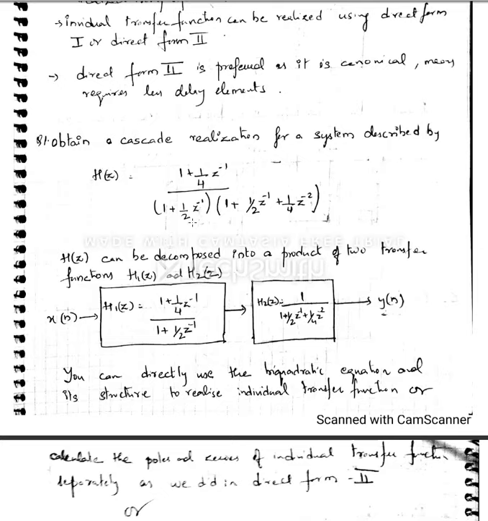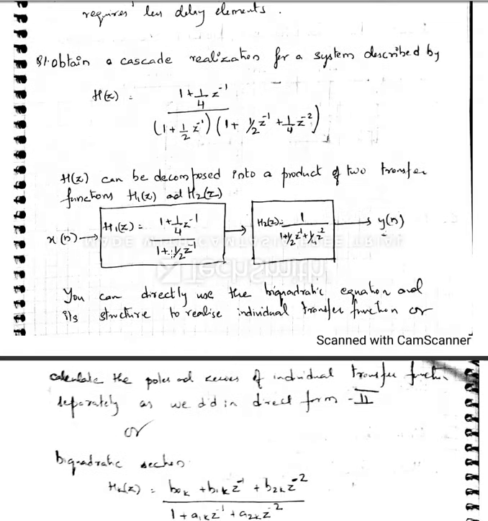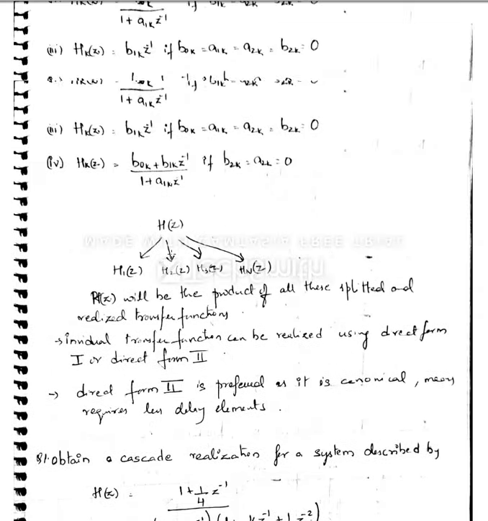We will take (1 plus 1/4 z inverse) as H1(z), and let us consider H2(z) to be 1 divided by (1 plus 1/2 z inverse plus 1/4 z to the power minus 2). You should always remember that this should be in terms of z inverse. Otherwise, if they are given as z, you will have to divide by the highest order coefficient, because that is representing our delay element.